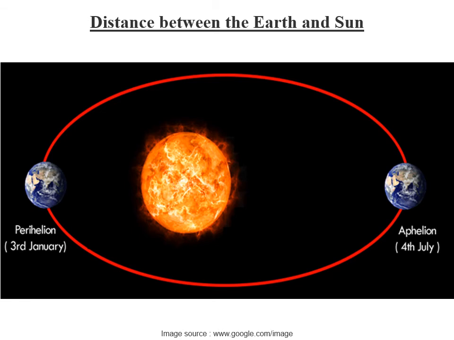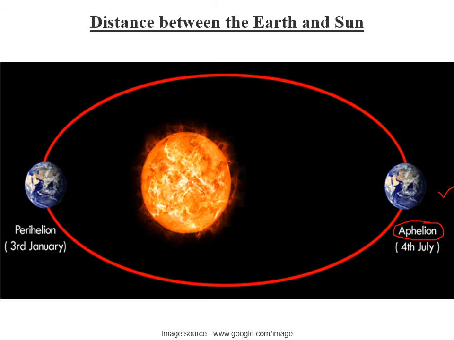So the distance between Sun and Earth is not constant during its entire journey. There are certain positions, mostly in the month of July, when Earth is farthest away from the Sun, and this position is known as aphelion.